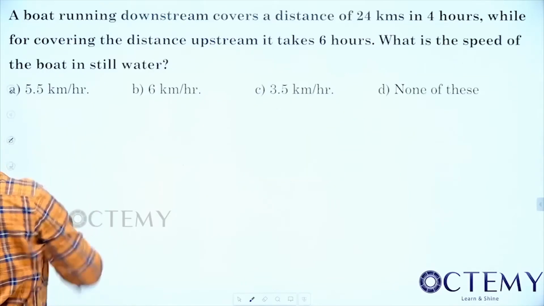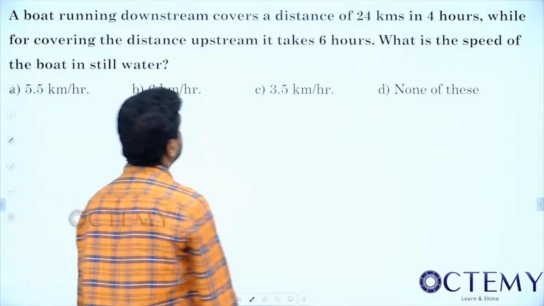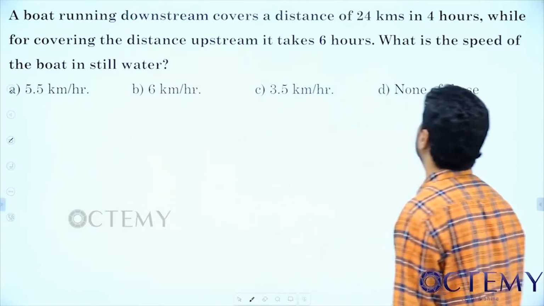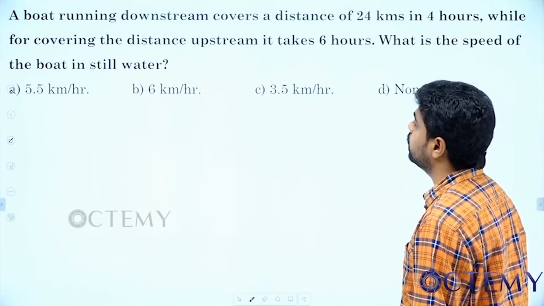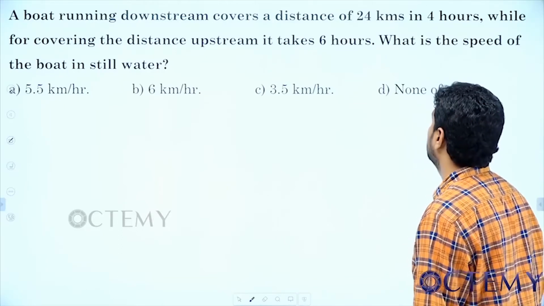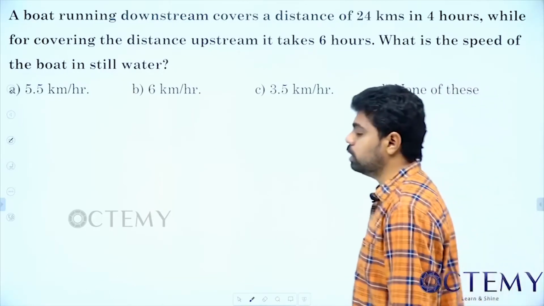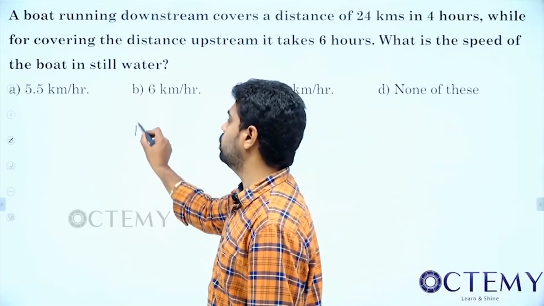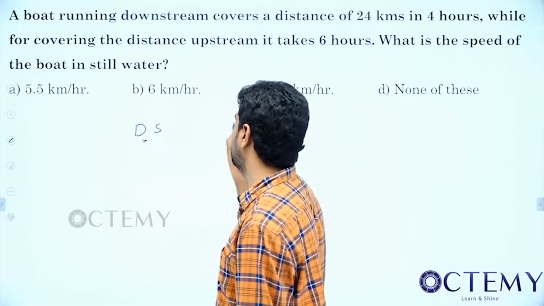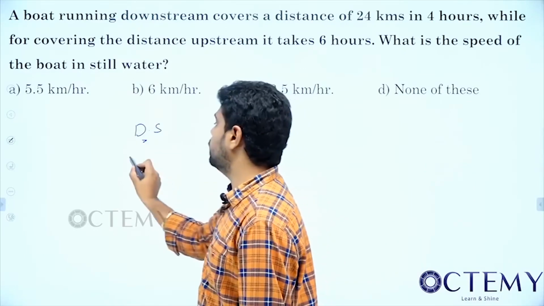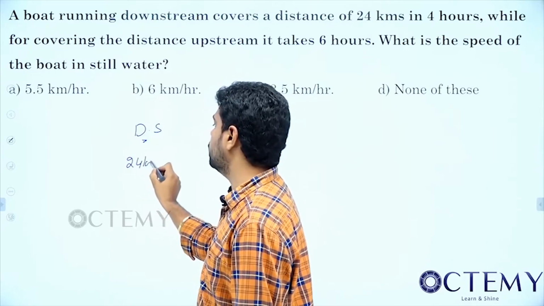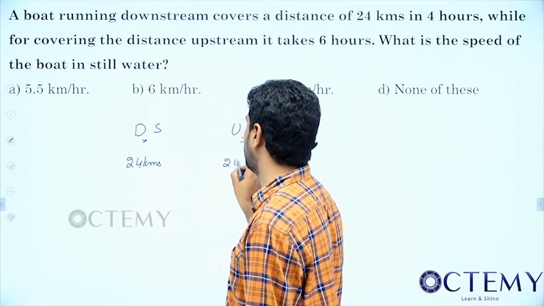Next. A boat running downstream covers a distance of 24 kilometers in 4 hours. While covering the distance upstream, it takes 6 hours. What is the speed of the boat in still water? See now, downstream and upstream. So distance here is 24 kilometers and here also it is 24 kilometers.